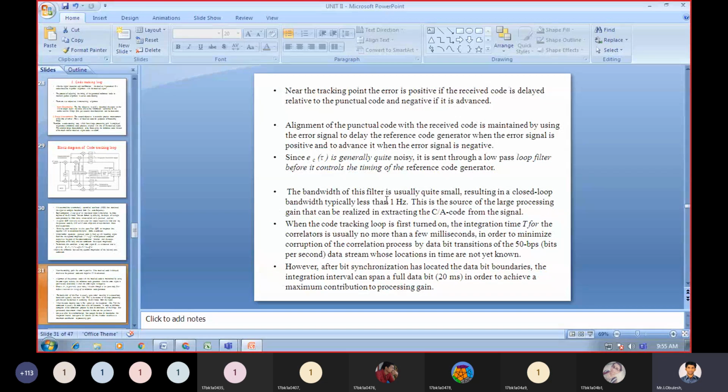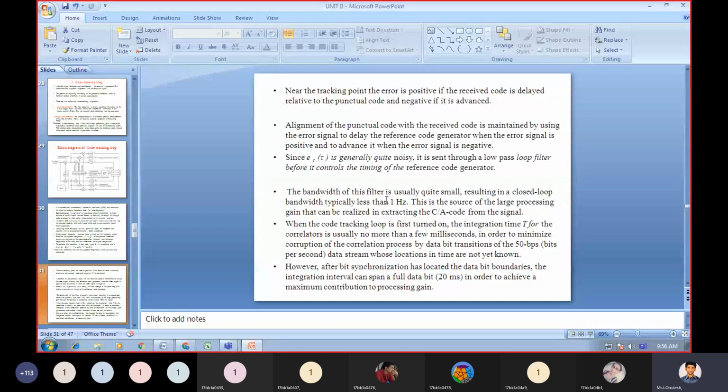Since E_C of tau is generally quite noisy, it is sent through a low pass loop filter before it controls the timing of the reference code generator.